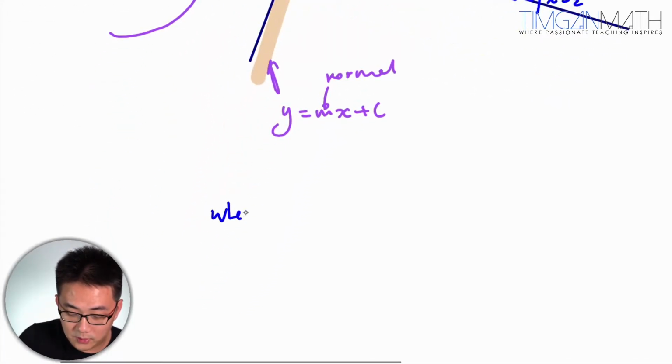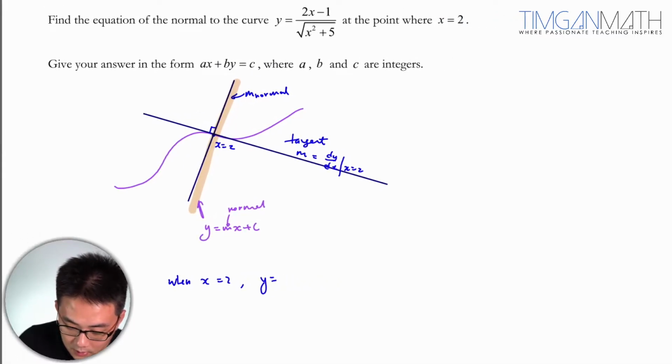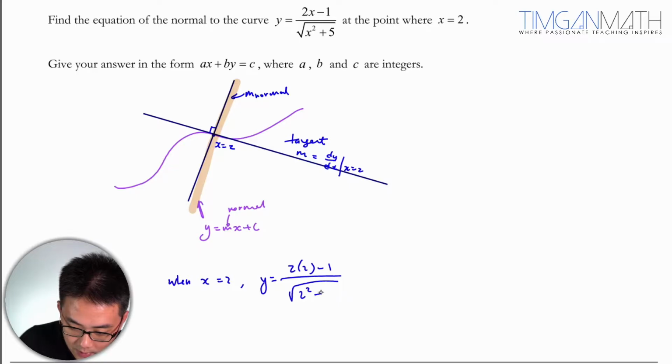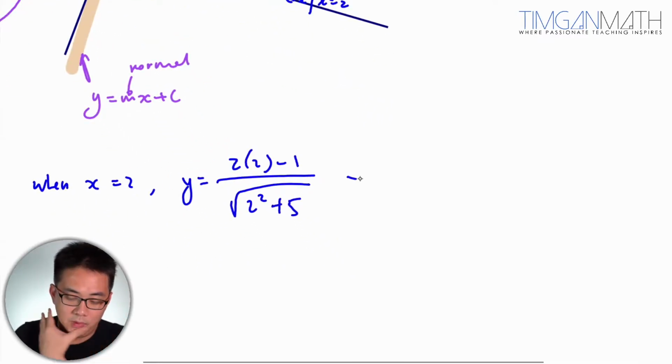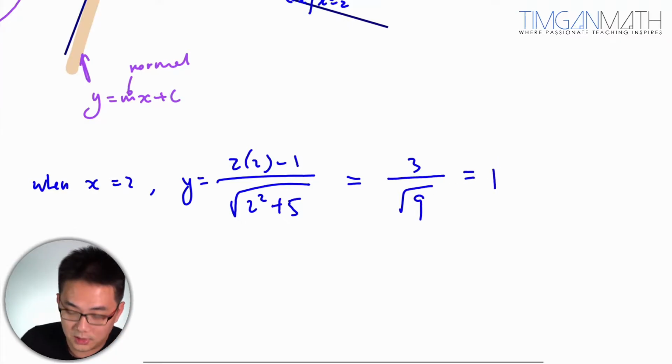When x equals 2, y is equal to 2 times 2 minus 1, over square root of 2 squared plus 5, which is 3 over square root 9, which is just 1.